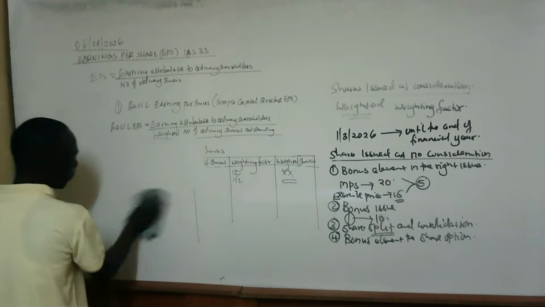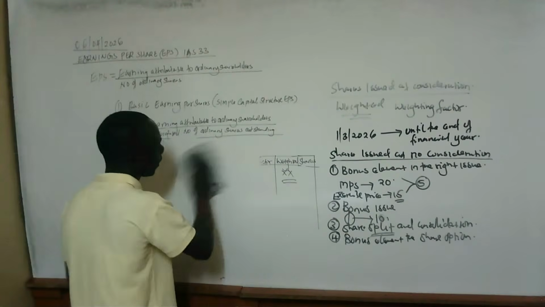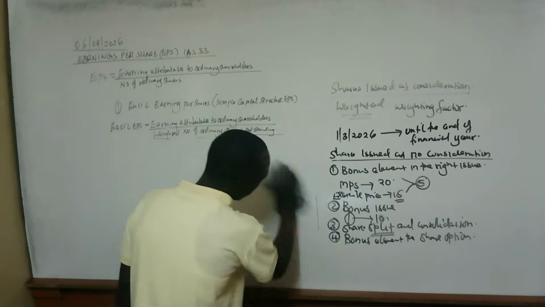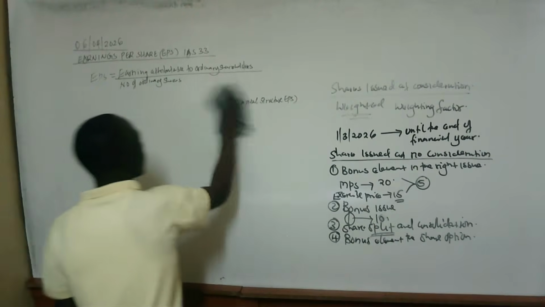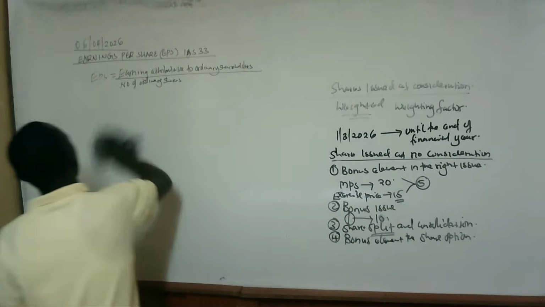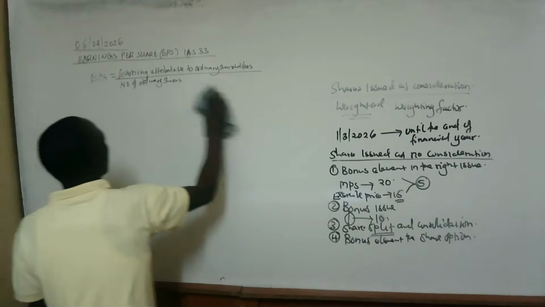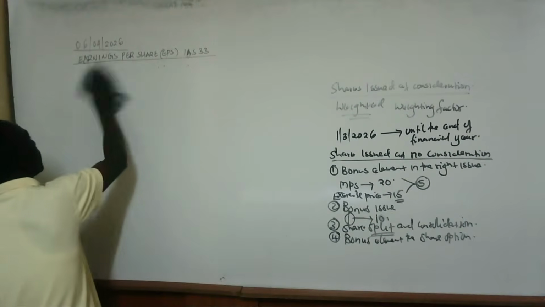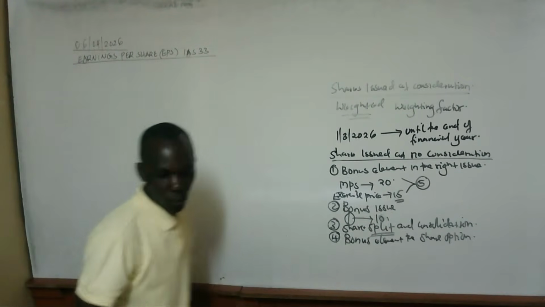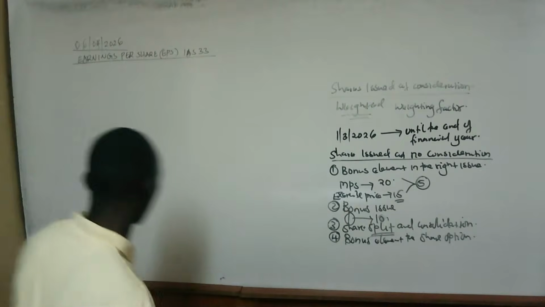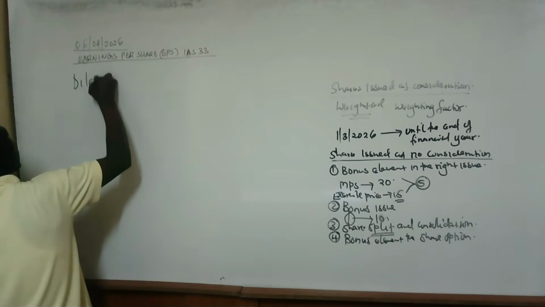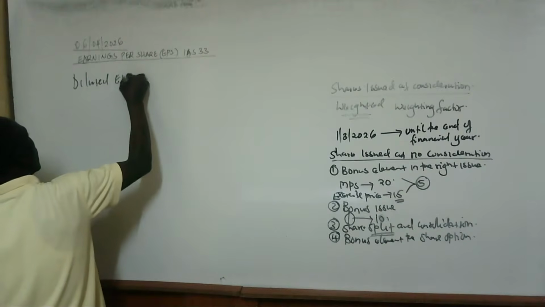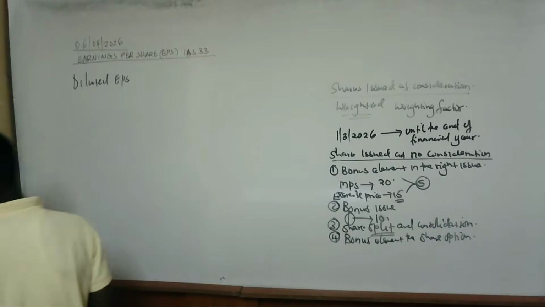That is a small briefing when it comes to the basic EPS. So other than the basic EPS, we have what we call the diluted EPS, the diluted earnings per share.